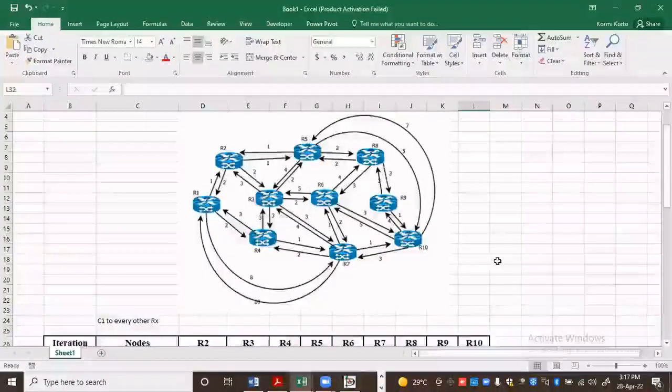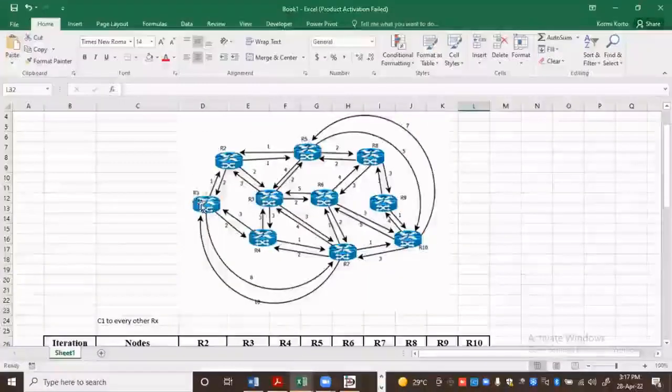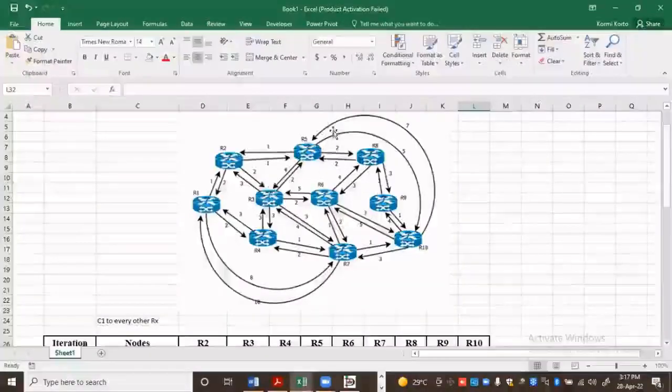It's from node 1 to every other node within the entire network. Because if I had said from node 1 to node 10, it would probably be just from 1 to 10. But there are other nodes involved, so that's why I use the words every other node within the entire network.